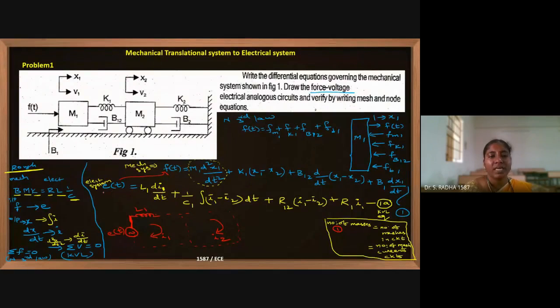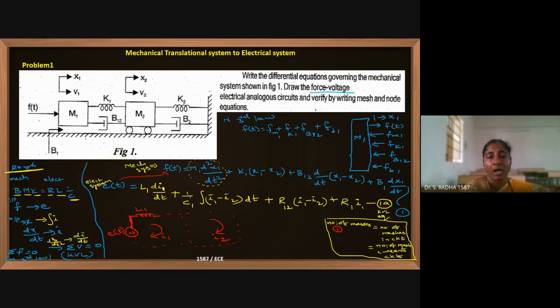E of t belongs only to the first mesh because in the given question the first mass is getting the applied force F of t. I am not putting it in the common path. If I put L1 in the center, then both currents will flow, so I should not put L1 in the common path.